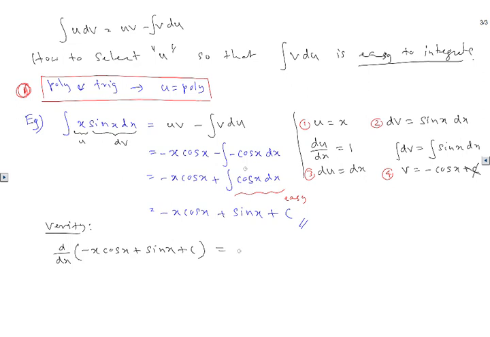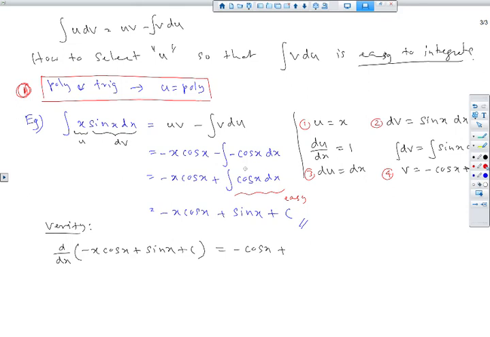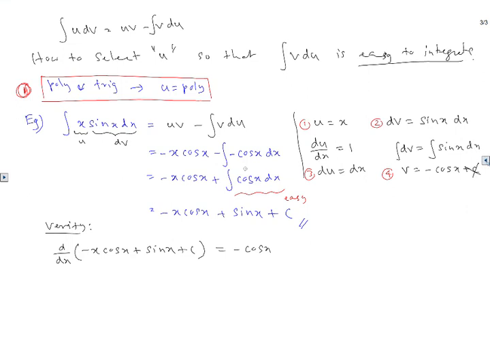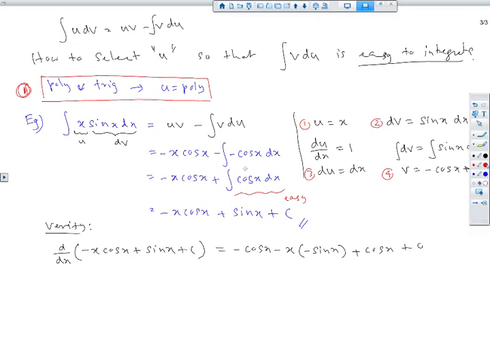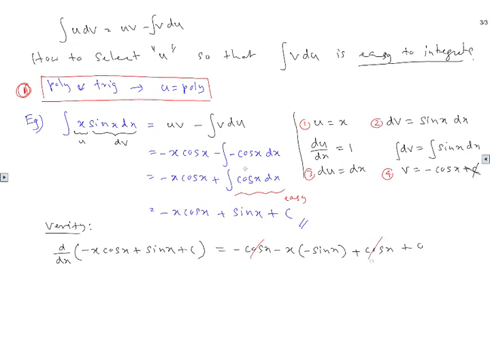Take the derivative of the first one, so it's negative 1 times cosine x, minus negative x times the derivative of cosine, which is negative sine x, and the derivative of sine x is cosine x plus 0. You can see that this and that cancel, so you simply end up with positive x sine x, as expected. If you take the derivative, you get x sine x back, so that's true.